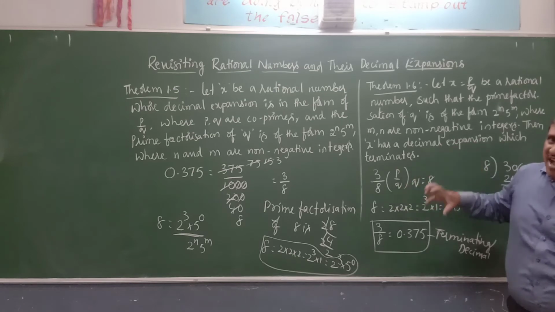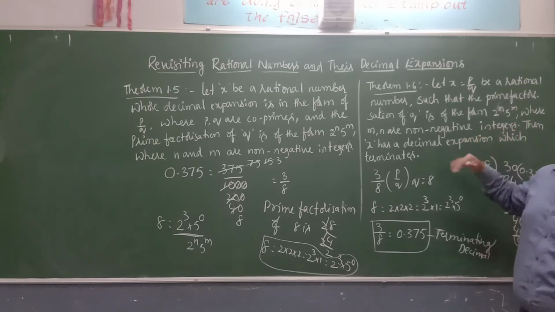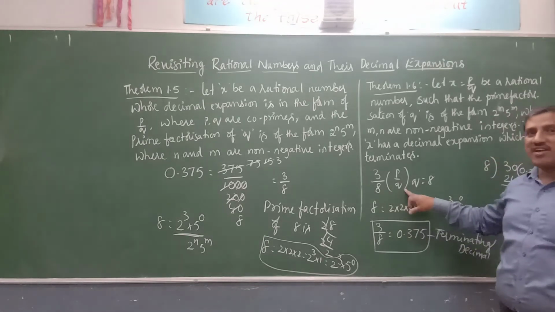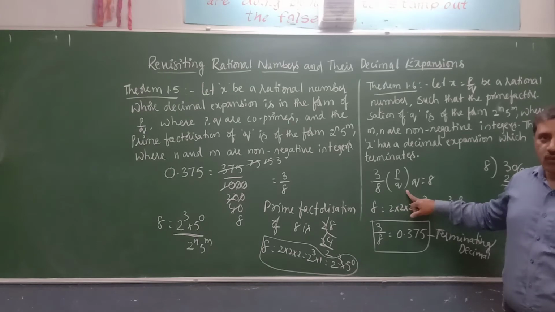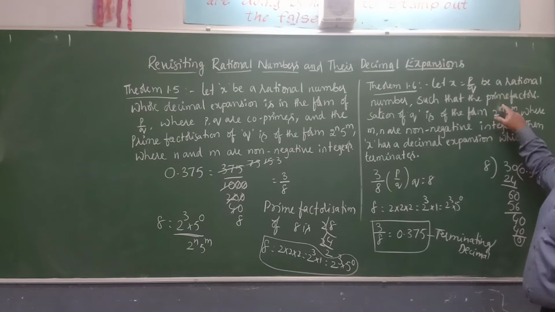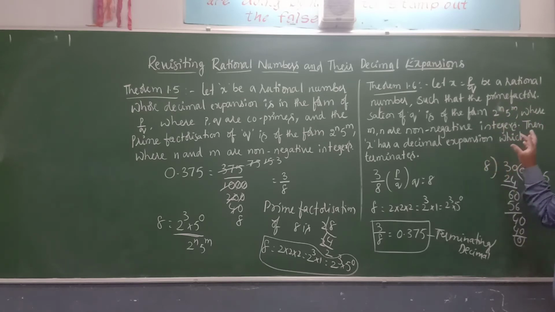If the prime factorization of q is in the form of 2 to the power of n into 5 to the power of m, then that decimal expansion will terminate.